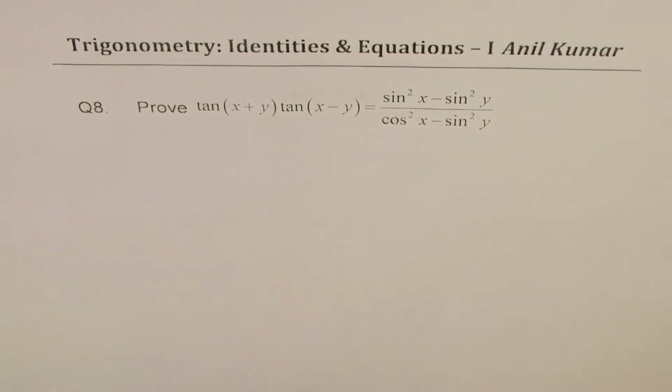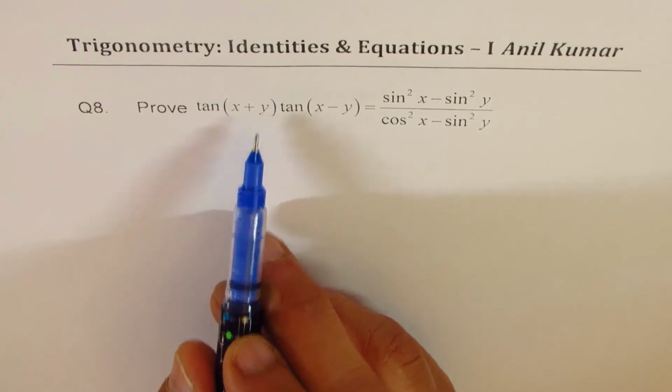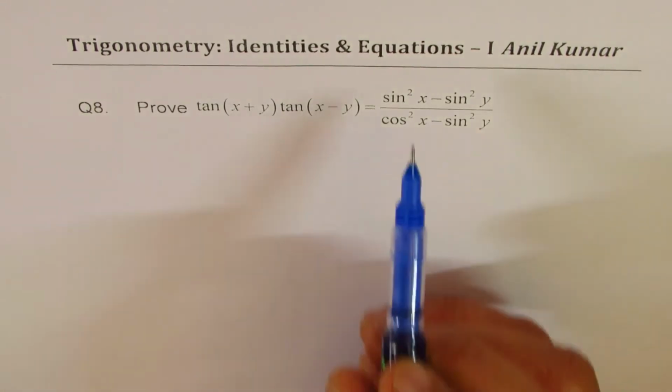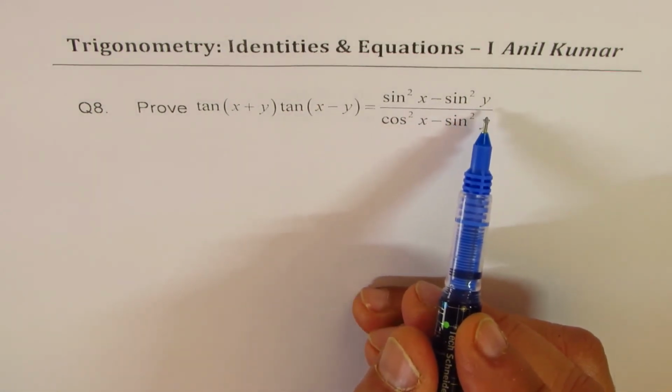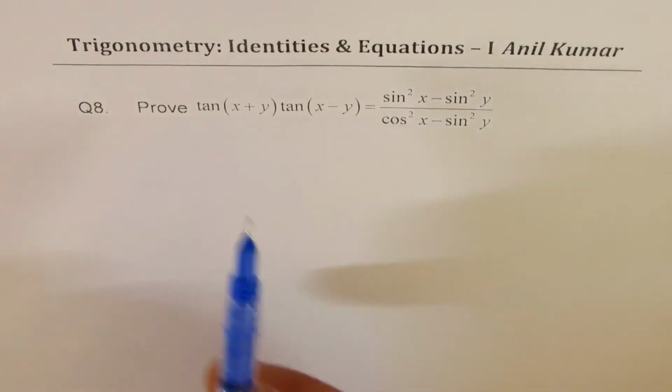Question number 8. You need to show that the product of tan(x+y) times tan(x-y) is equal to (sin²x - sin²y) divided by (cos²x - sin²y).